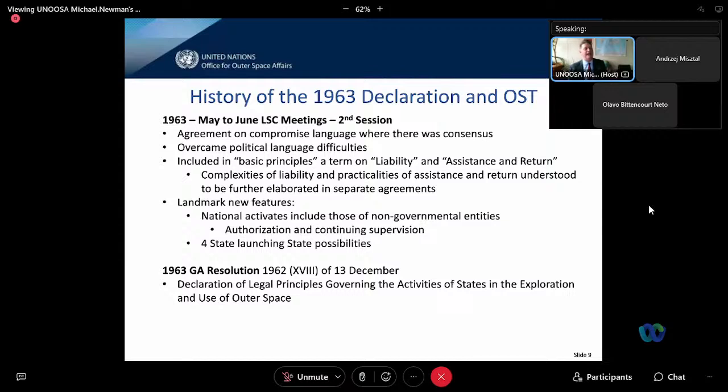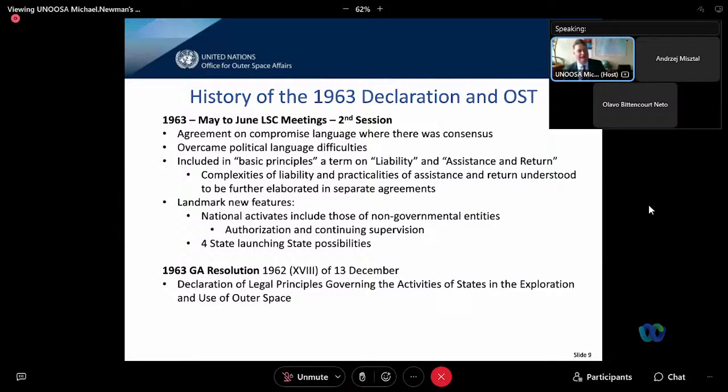So this paved the way for the entry of private sector activities in space. Also, the four-state launching notion found its way into the Declaration of Legal Principles: the state that launches, or from whose territory or facility a launch occurs, or that procures a launch. Those would be launching state possibilities.